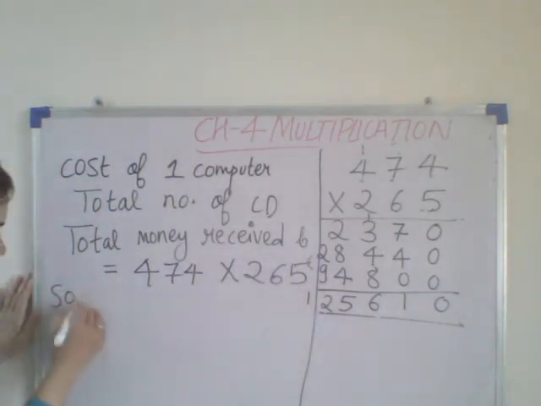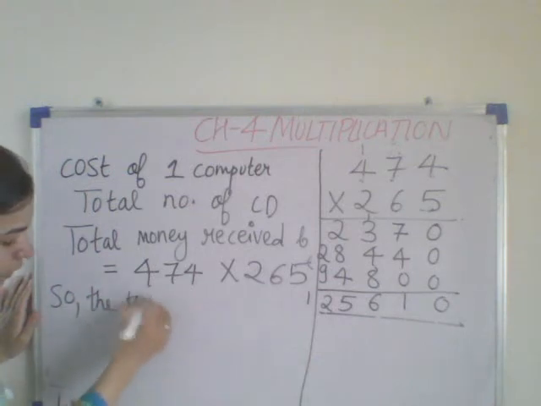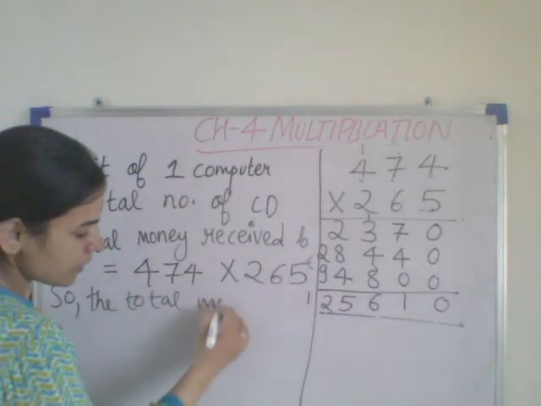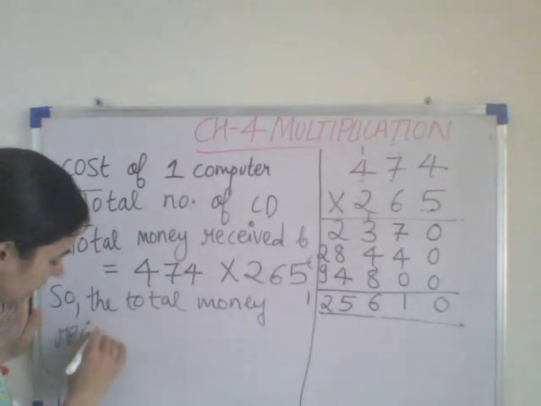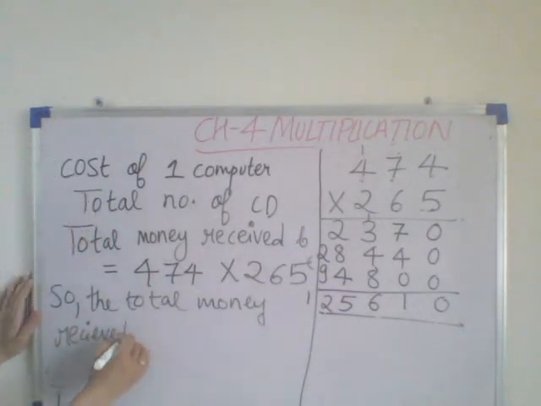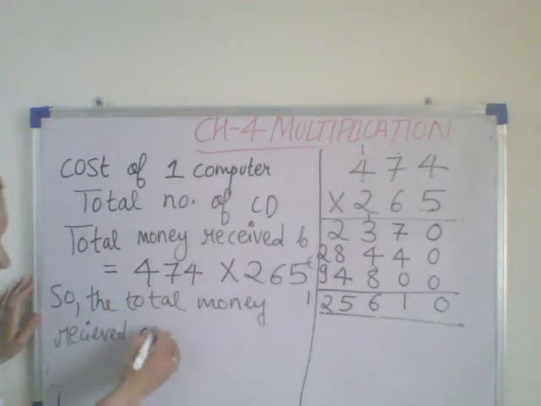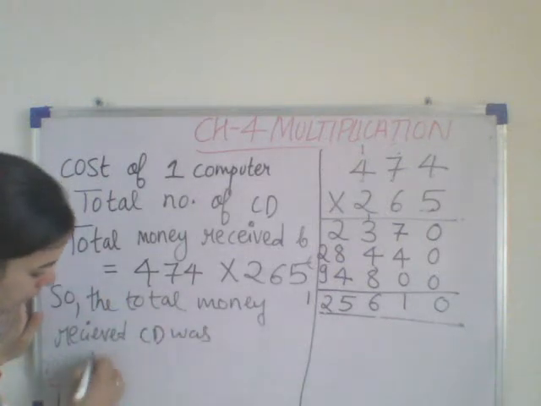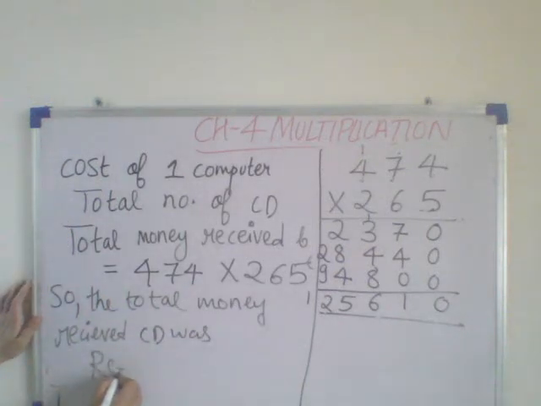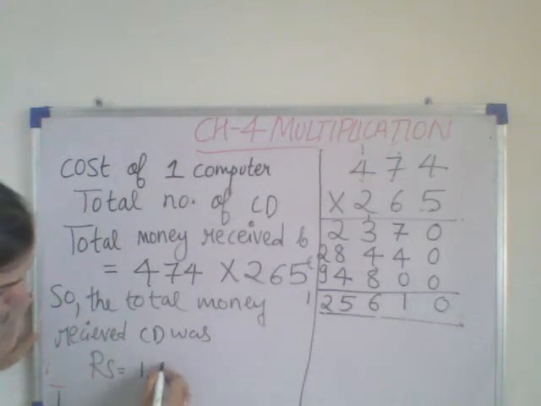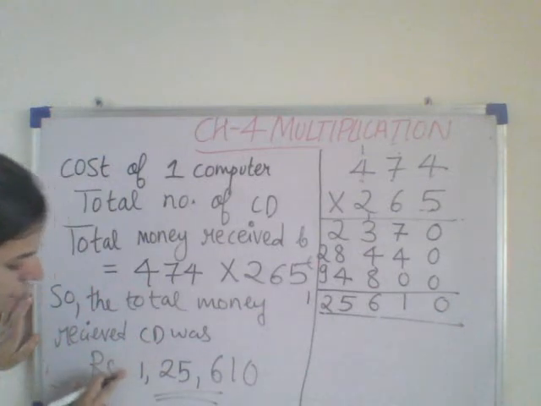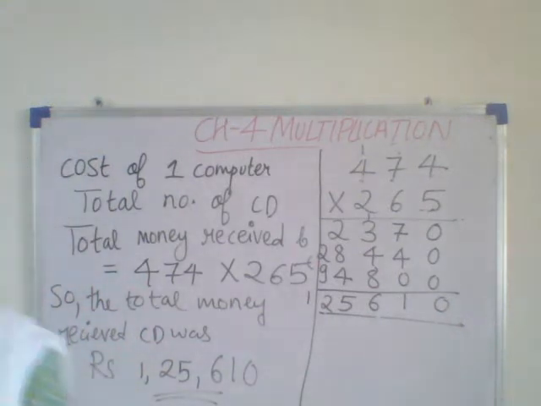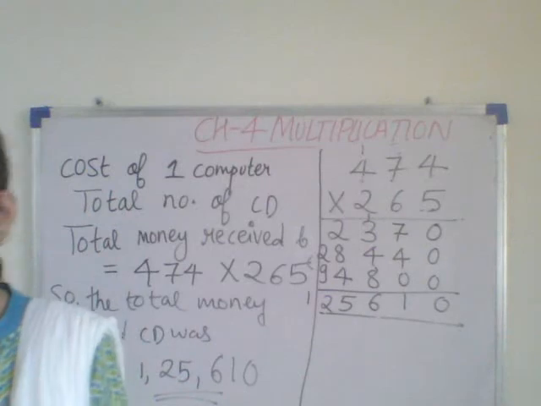So the total money received from the CD sale was rupees 1,25,610. This is the total amount which is received when the CD was sold.